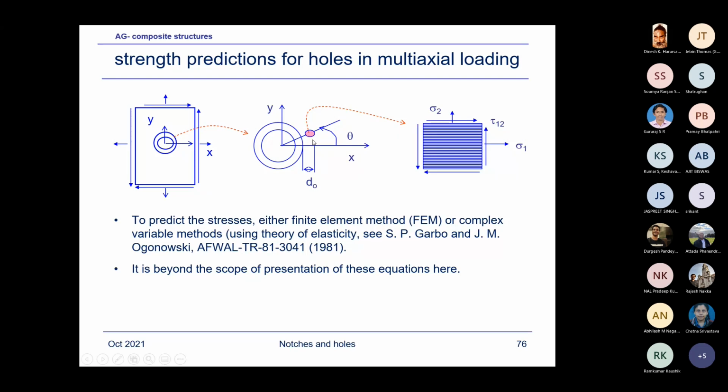It will not occur right at the maximum stress; it may occur anywhere. That's why you calculate, using the equations or the finite element method, the stresses at various thetas, and then compare with your allowables at the characteristic dimension.